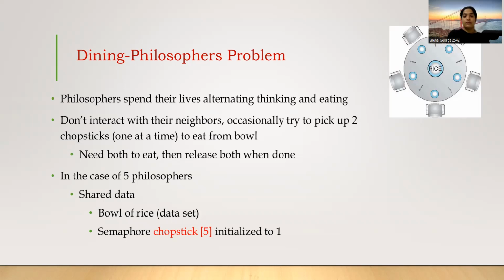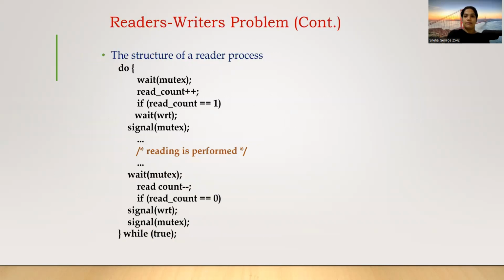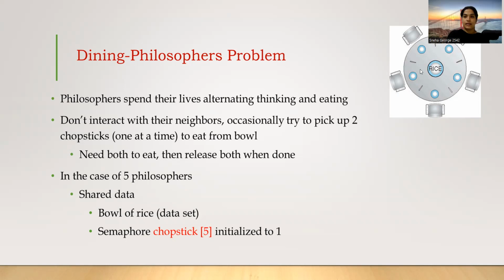So in the case of 5 philosophers, let us see how the example works. As seen in this particular diagram, there is a round table, a bowl of rice kept in the middle, and there are 5 philosophers around the table.